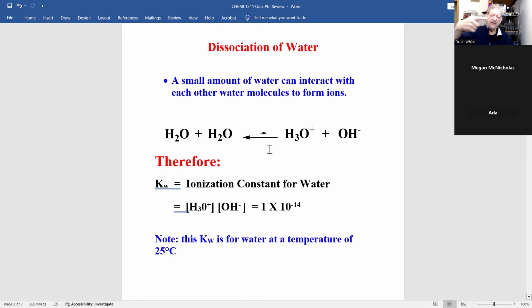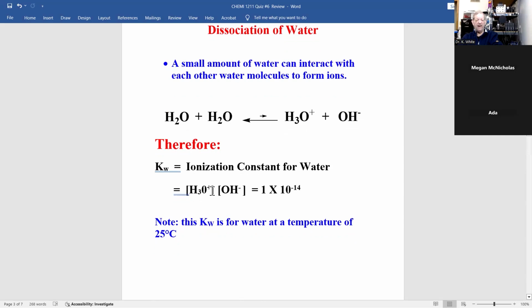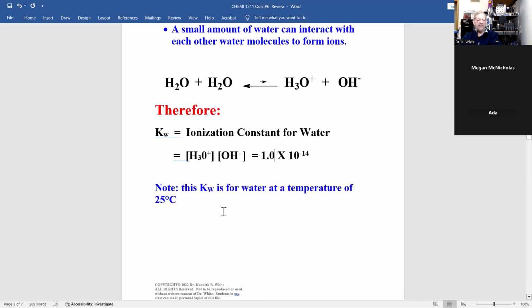But if you notice, the equilibrium is mostly to the left because the ionization constant, Kw, is the hydronium ion concentration times the hydroxide concentration. And this really should be 1.0 times 10 to the minus 14. This Kw is for water at 25 C, which is what we'll do in this class. But you should know this formula.